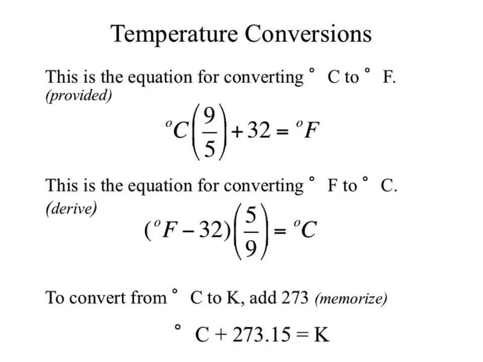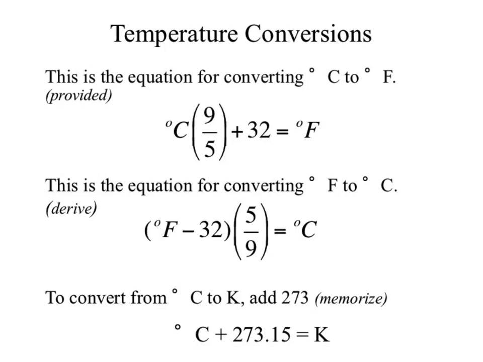Your Celsius to Kelvin, you will always add 273 degrees Celsius, or 273. I happen to remember 0.15. You don't need the 0.15. I just happen to remember some random more sig figs, so I dealt with it. Okay? You are responsible for memorizing the 273 to your Kelvin. You are not responsible for converting Celsius and Fahrenheit, because it's just a dumb conversion to deal with.